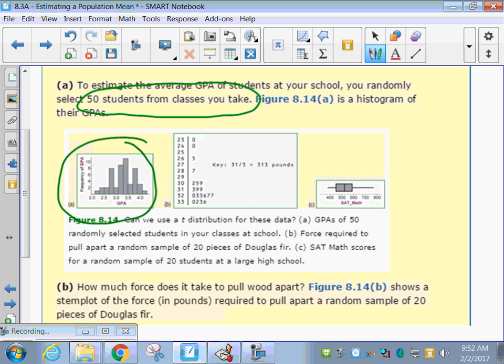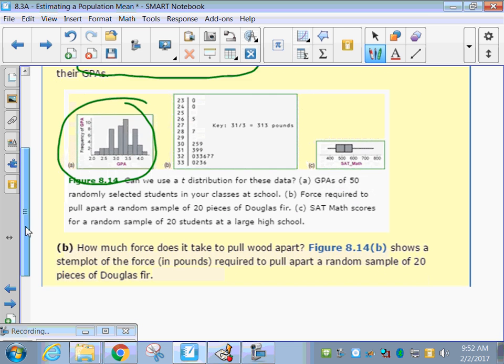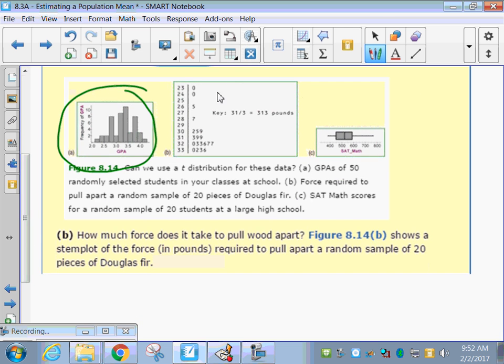All right? Part B, how much force does it take to pull wood apart? So figure B, that's this guy right here, shows a stem plot of the force in pounds required to pull apart a random sample of 20 pieces of Douglas fir. Look at this guy right here, right? We've got this stem and leaf. What is happening? It is strongly skewed left because of all these low numbers.